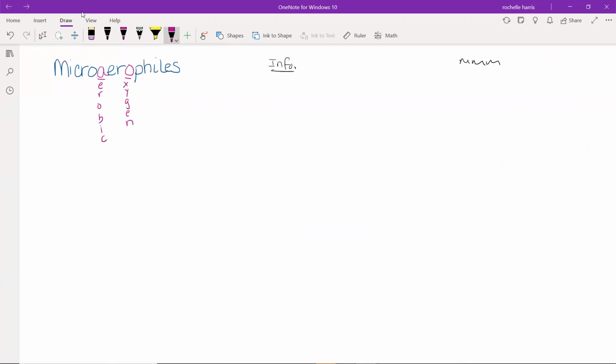And some info. They require oxygen. And because they require oxygen, we see aerobic respiration. Another note is there's growth.